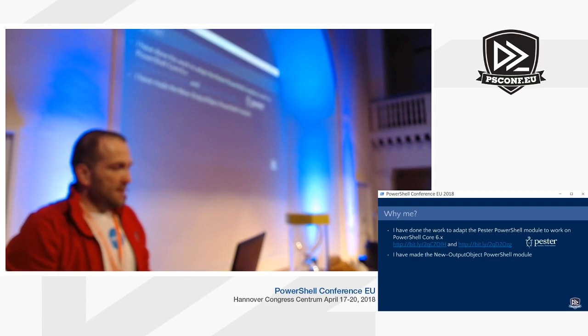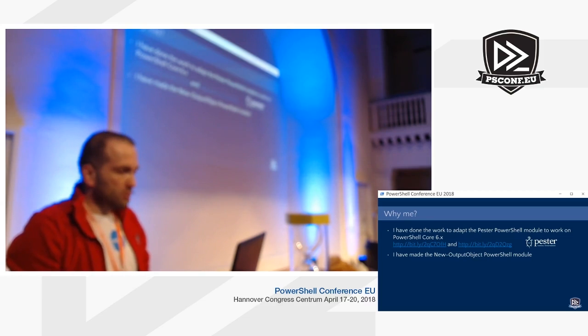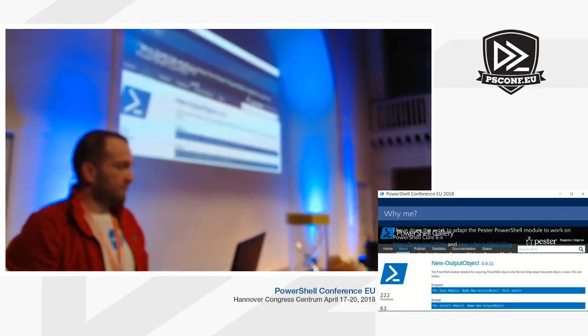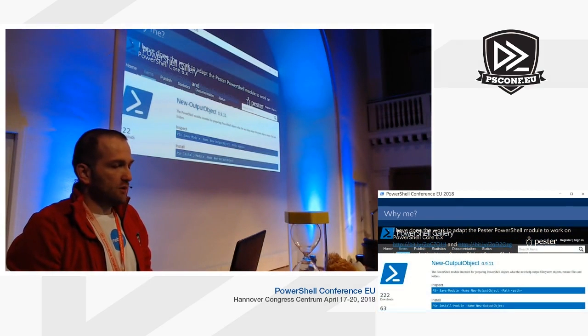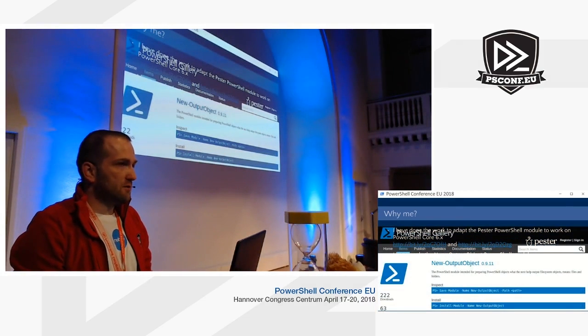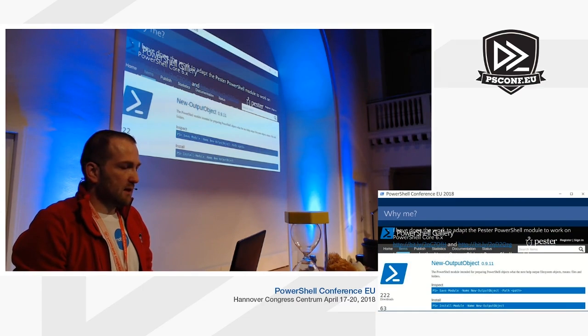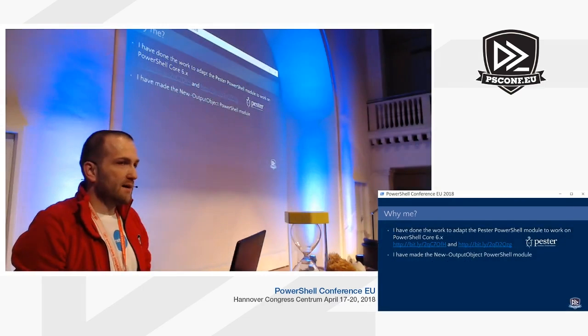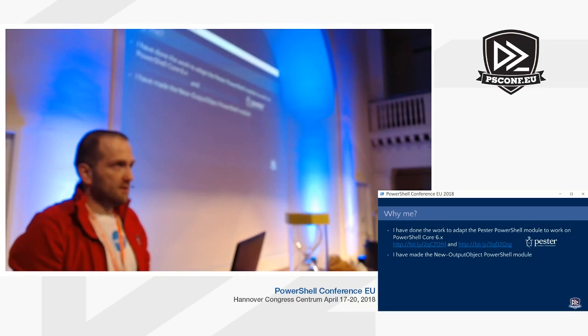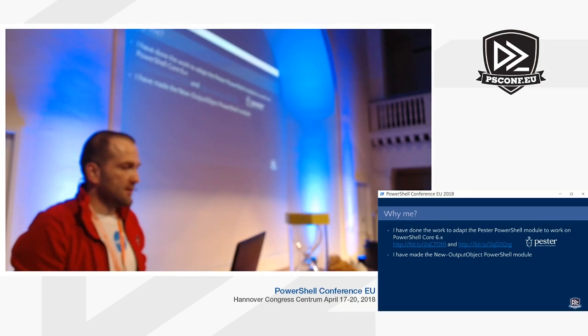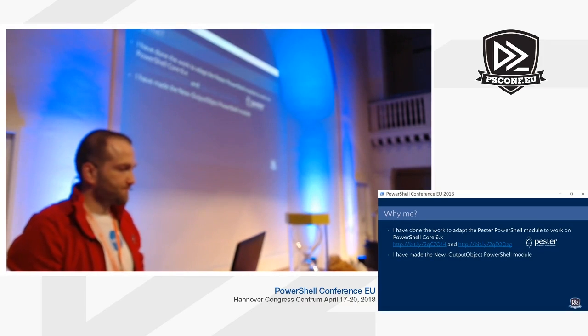Before that, I made the module named New-OutputObject, which you can find in the PowerShell Gallery. I will show you later for which purposes it was prepared and how you can use it, and why I mention it here in the context of compatibility.